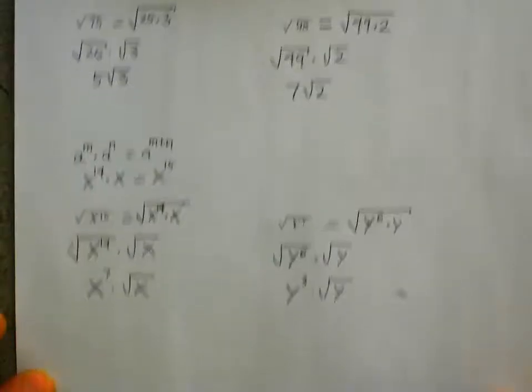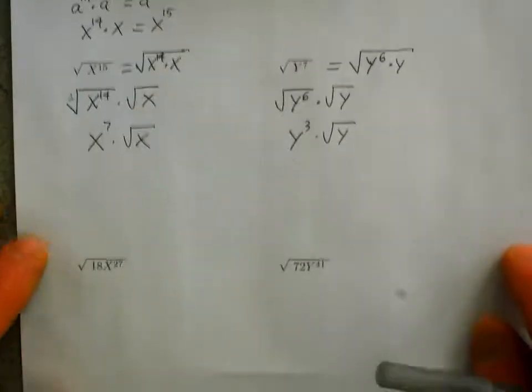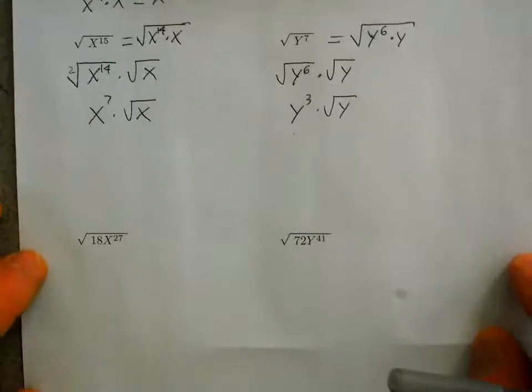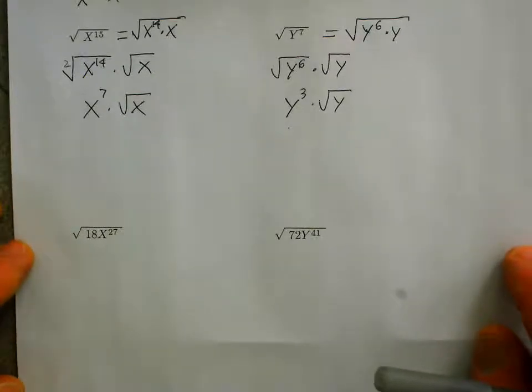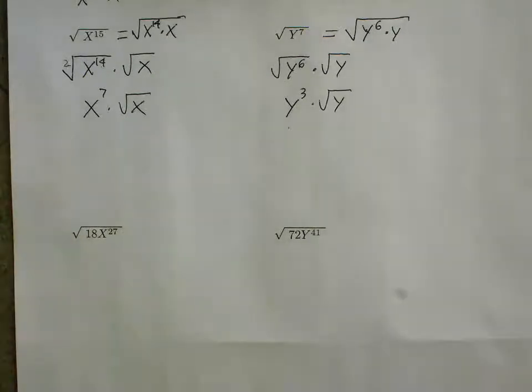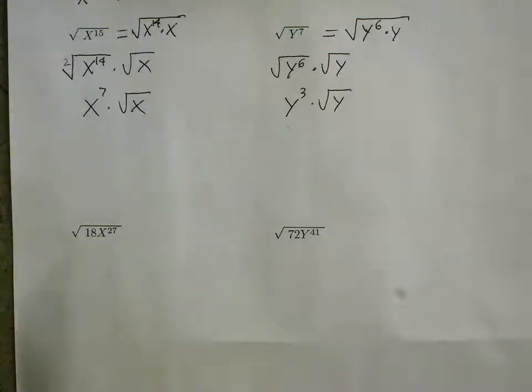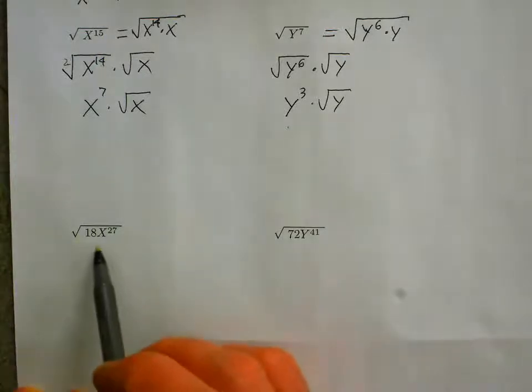Okay, the next two examples, we have numerical factors and algebraic factors. So simplify the square root of 18 times x to the 27th. Okay, we combine what we did earlier.